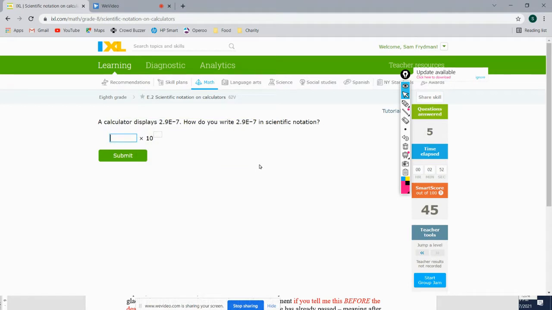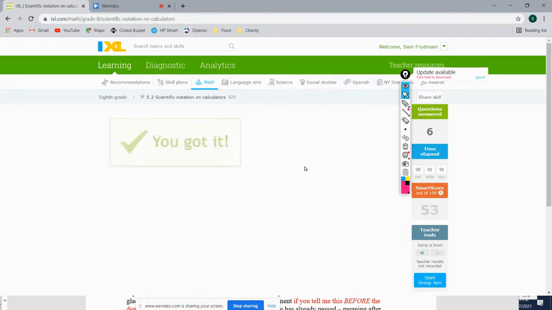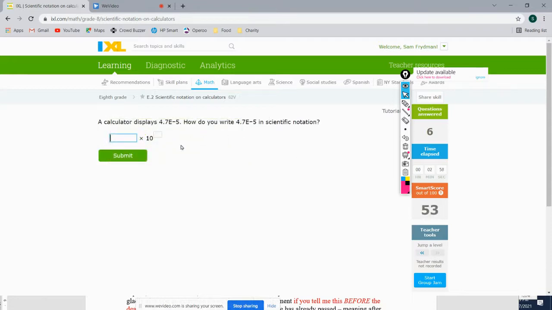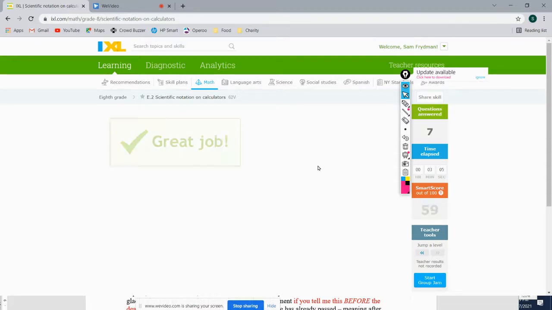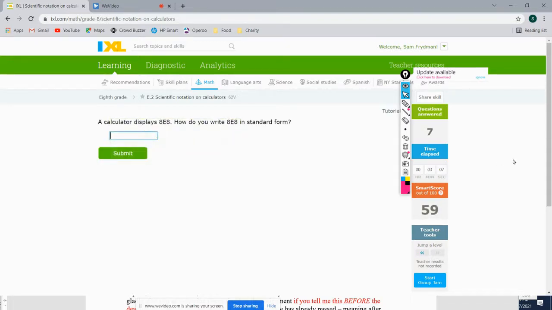No, this is another scientific notation one. Really, really simple. Okay, here it is, standard form.